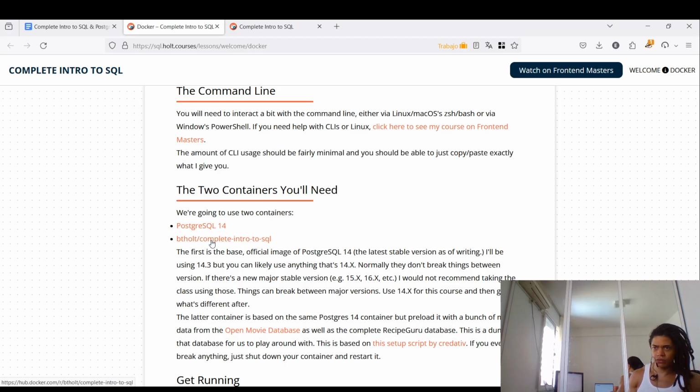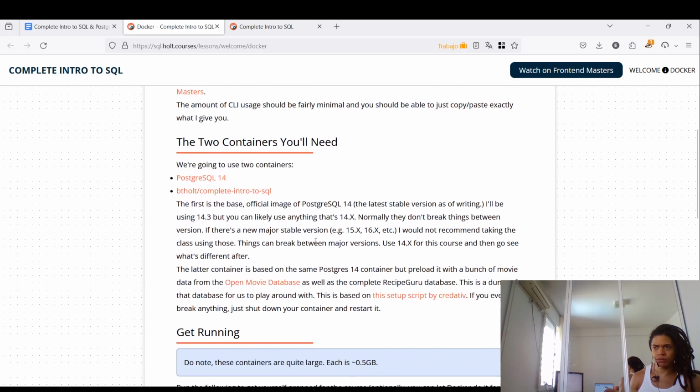In the real-life example, the container is the dish already prepared and served to your table. This is very important.